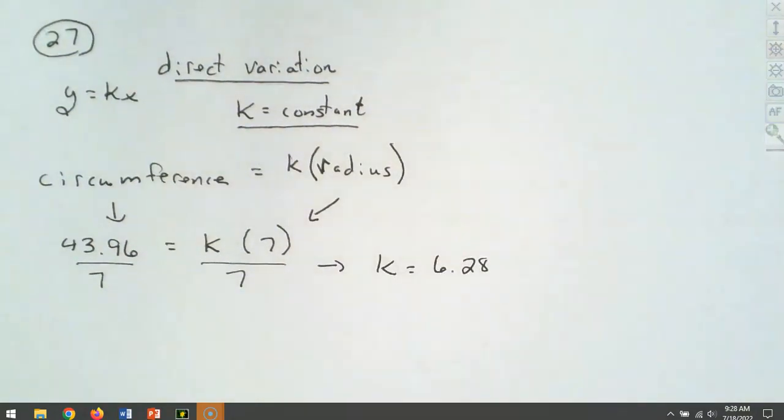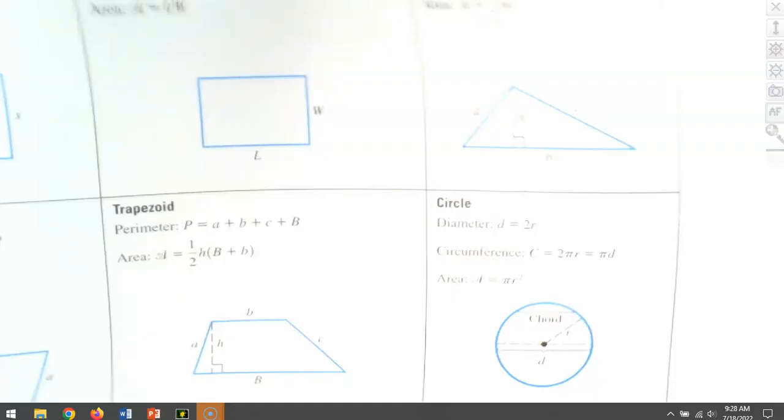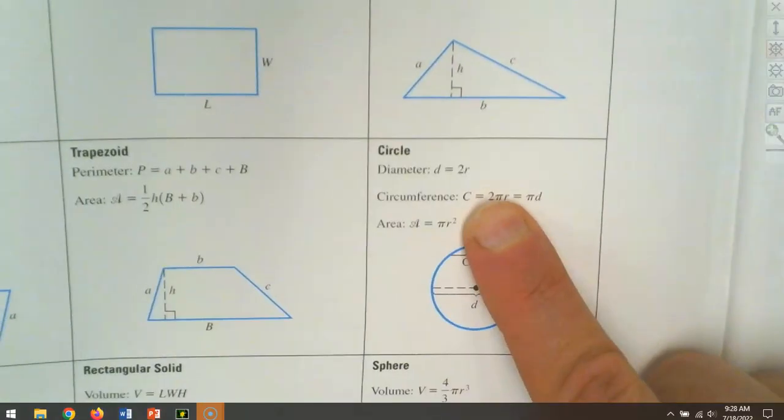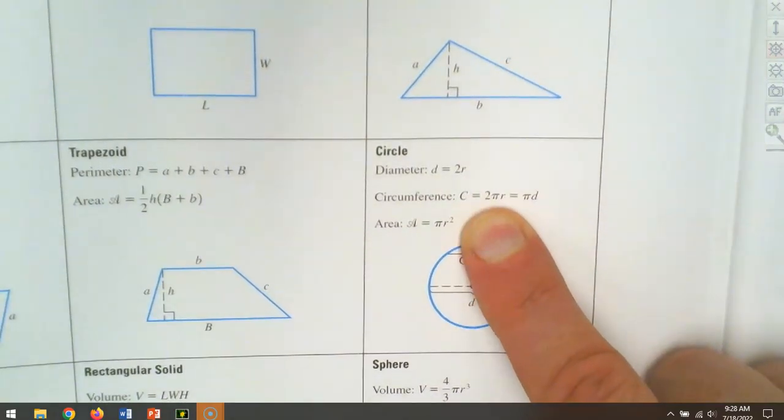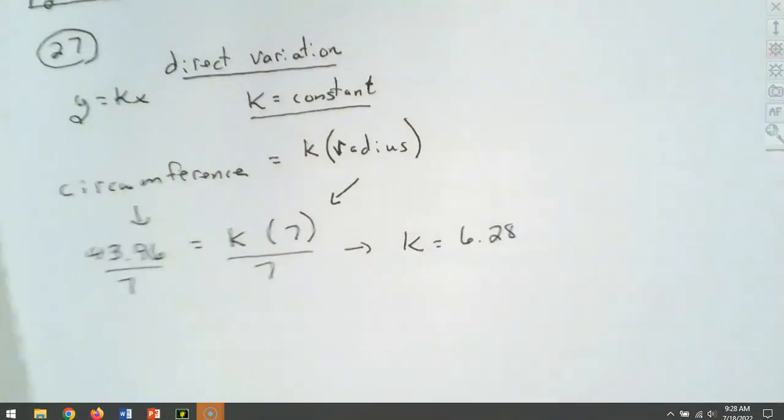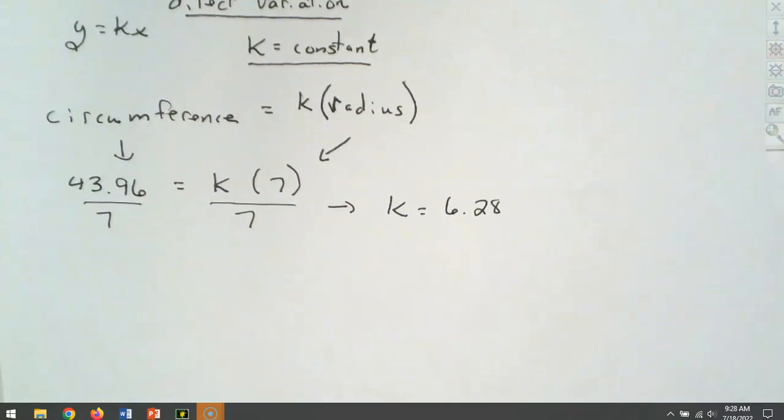Now, what is that? Let's take a moment to remember the circumference of a circle. What's the circumference of a circle? Circumference is going to equal 2 pi r, right? What did we find our constant to be? We found our constant to be 6.28.